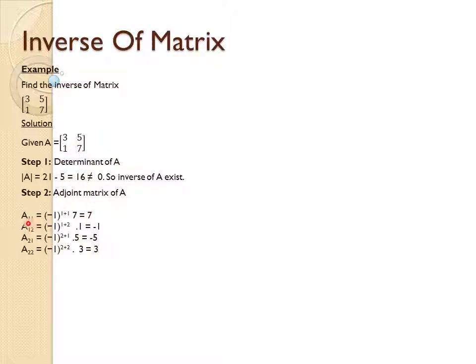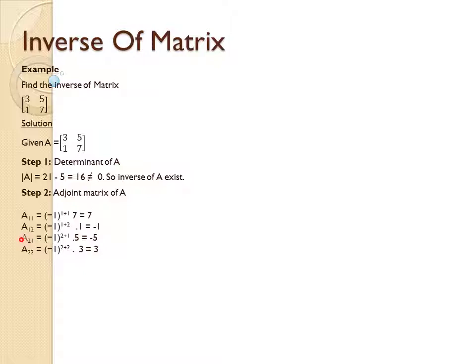Now I will find A12. A12 means i is 1, j is 2, so minus 1 whole to the power 1 plus 2, that is one thing. Secondly, A12 means this one, so I will omit this row and this column, and the remaining is 1. So minus 1 whole to the power 3 into 1, that means minus 1.